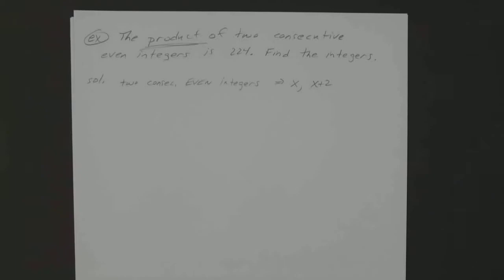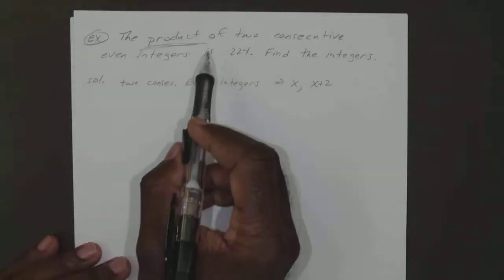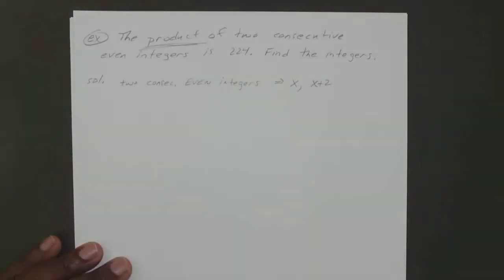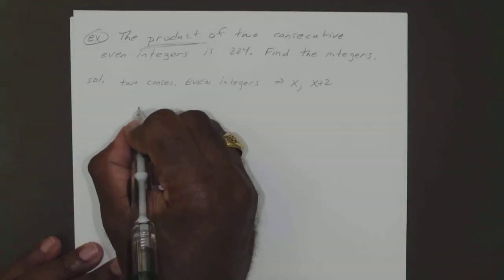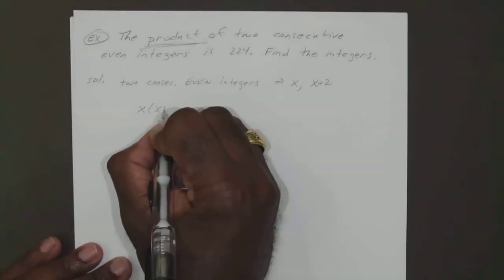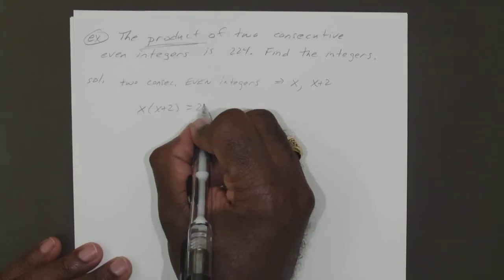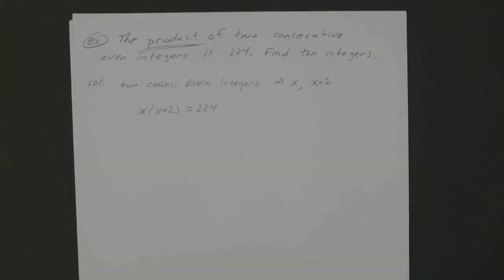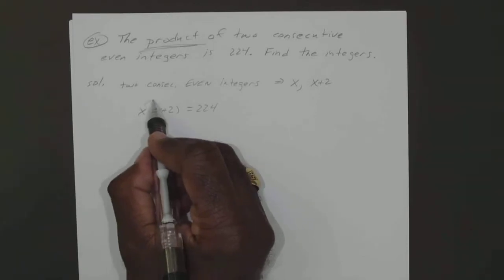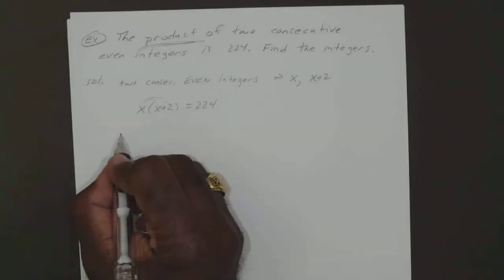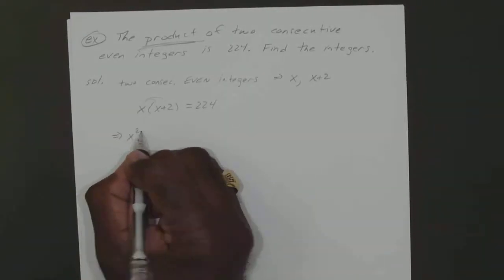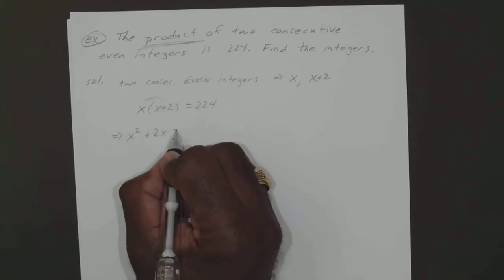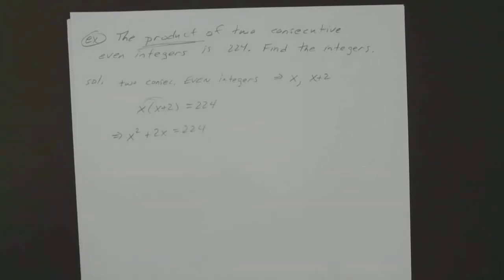Since we're looking for the product, we multiply those two, and it's going to equal 224. So you have x times x plus 2 equals 224. Now we get rid of our parentheses by distributing the x. That gives us x squared plus 2x equals 224.